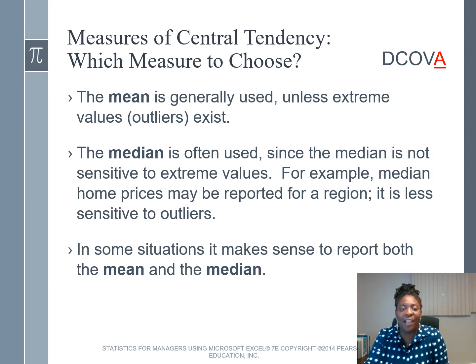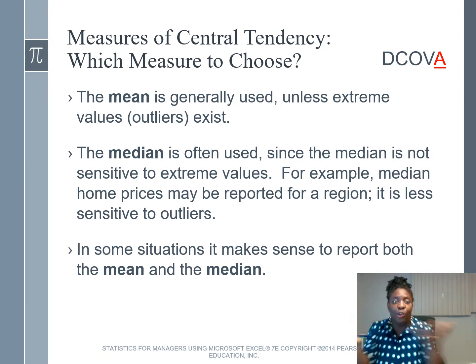If there are outliers in your data, then it may be more useful to present the median. Have you ever listened to housing news when they say the median house price in this state is this? It's because of the presence of outliers and the huge variation. The median allows you to peg the middle of the data so that half is below and half is above, rather than do the general average.